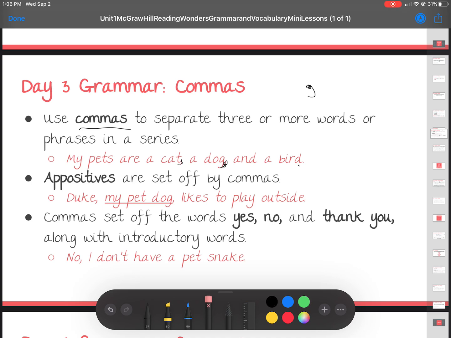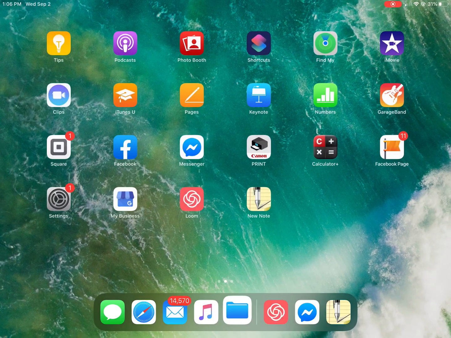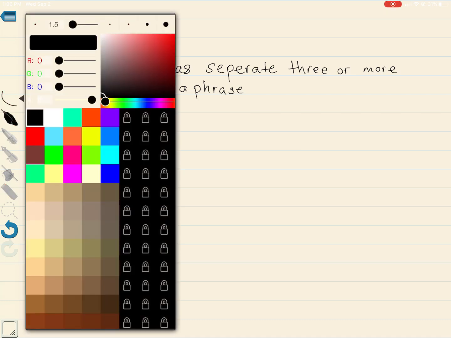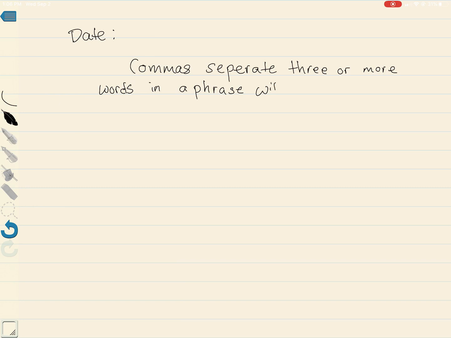Okay, let's put that in our notes. Use commas to separate 3 or more words. Commas separate 3 or more words in a phrase with a series.